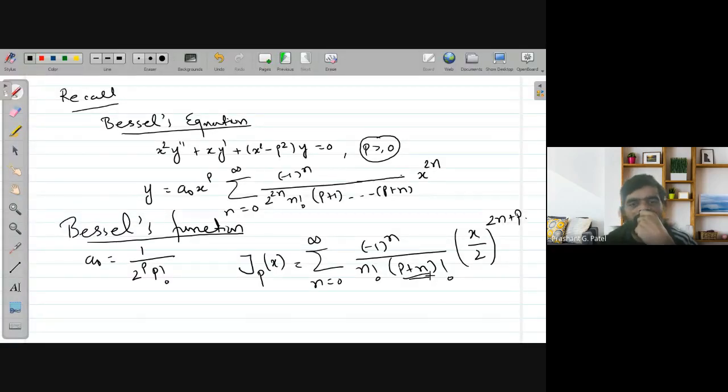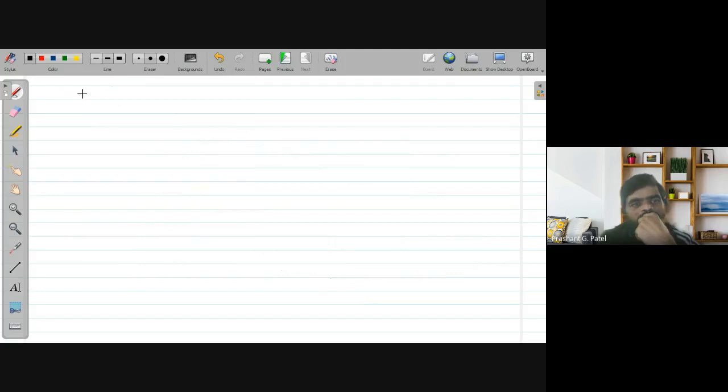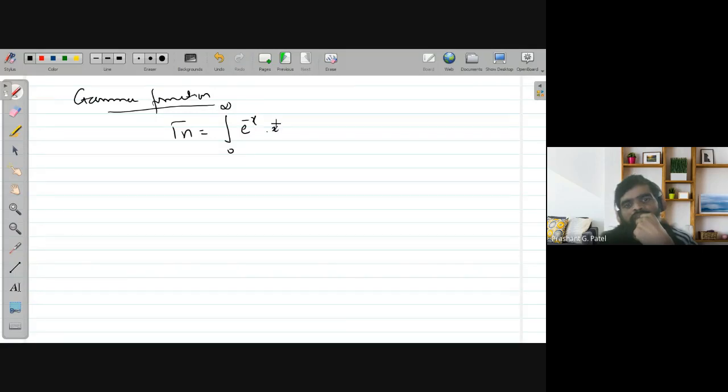So the gamma function, we know it is denoted by gamma n, which is integration from 0 to infinity e raised to minus x, x raised to n minus 1 dx. And with the help of this gamma function, we already discussed the properties of the gamma function.